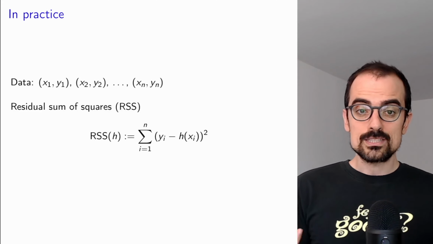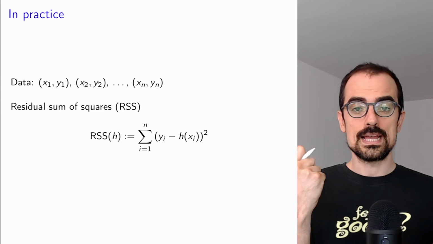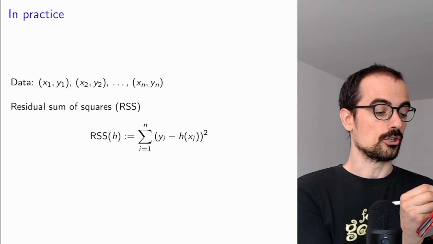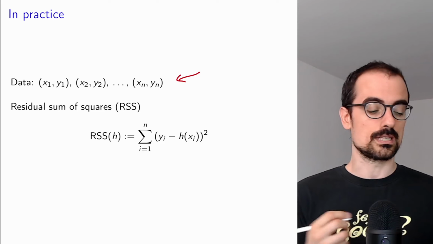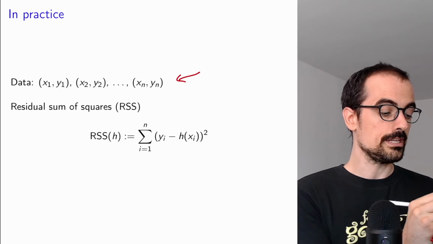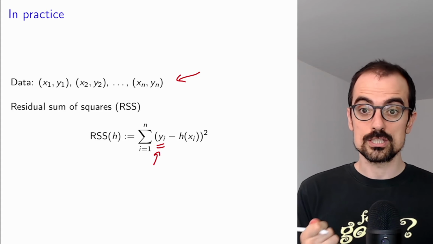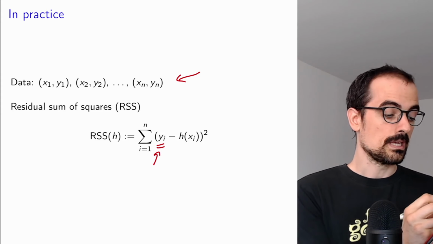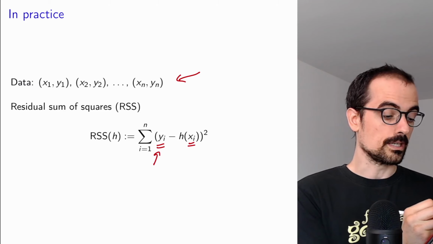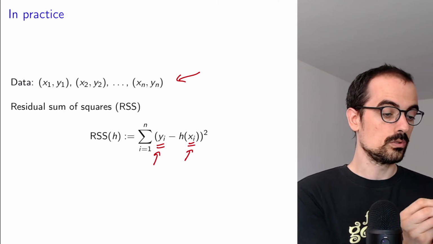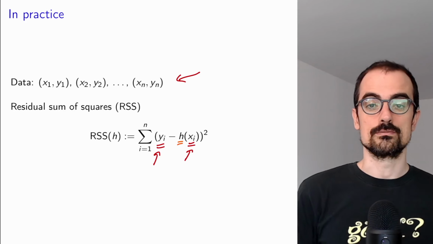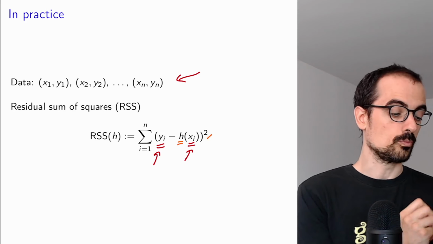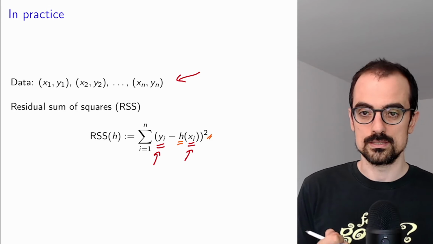A reasonable metric to evaluate a regression function on a data set like this is the residual sum of squares, where we compare each of the response examples to the estimate produced by plugging the corresponding feature vector into the regression function. We again take a square to prevent cancellations, and we sum over the whole data set.